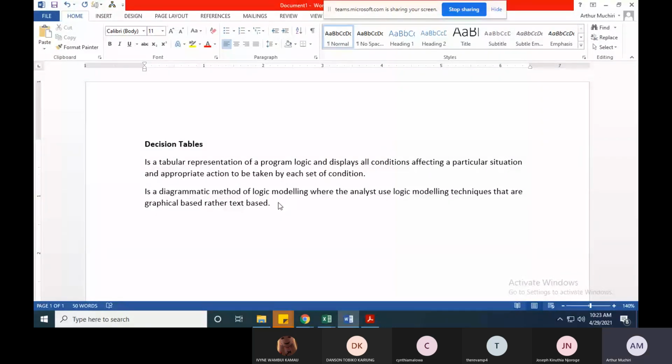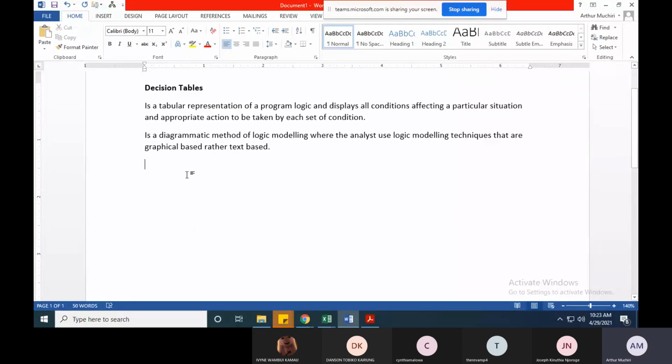It's actually a table. We'll be designing a table. I'll be drawing for you the layout of a decision table, so that we can then explain. Let's look at the components of a decision table. What are the components of a decision table?